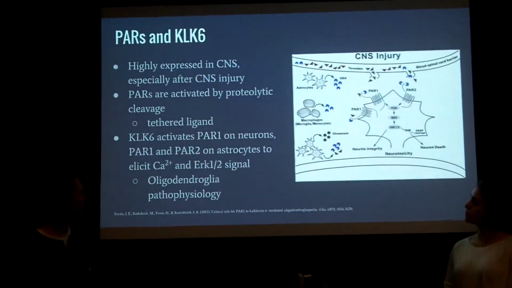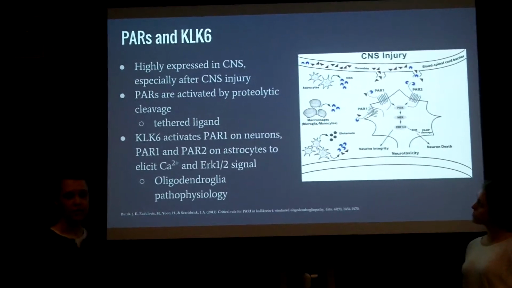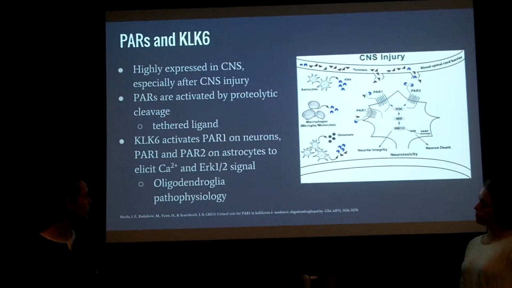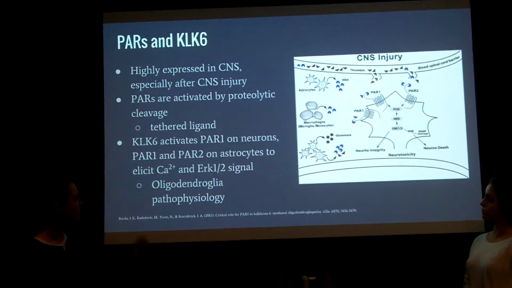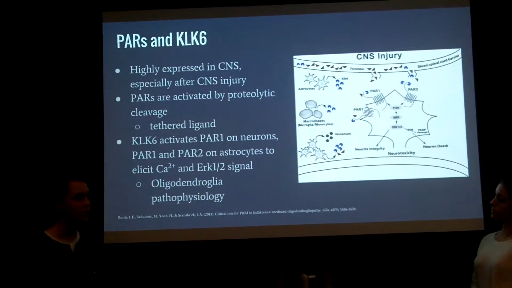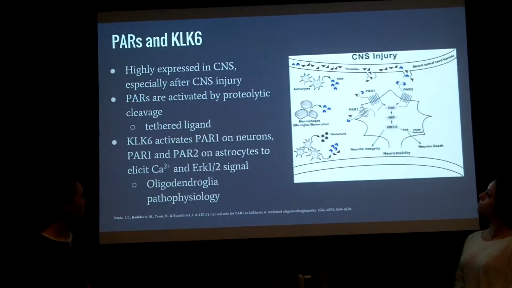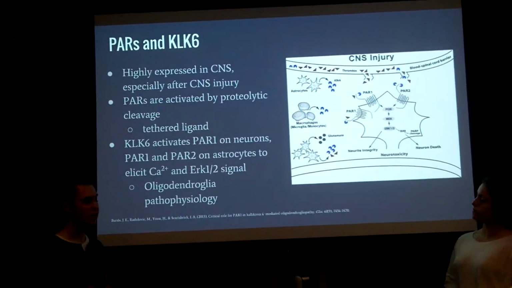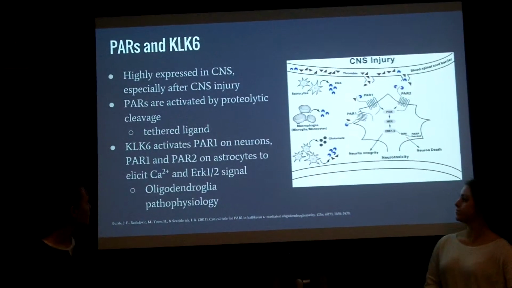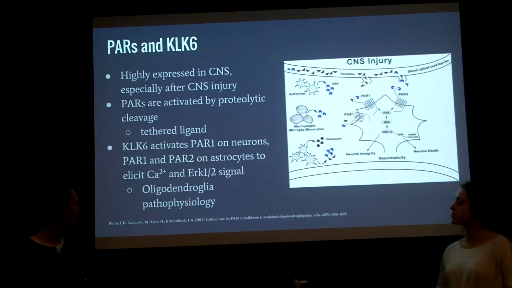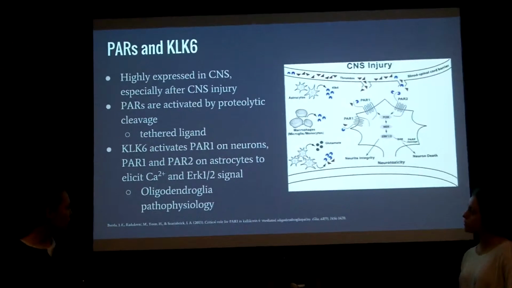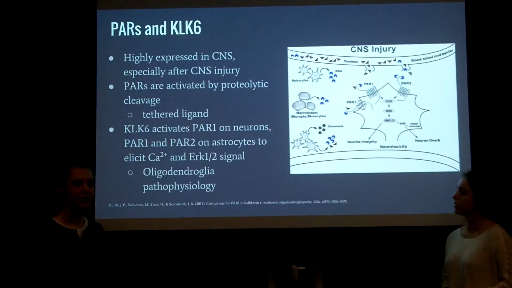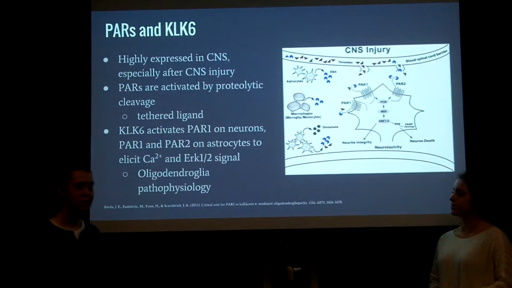And this article is discussing that kallikrein 6 regulates and activates these PAR receptors. What it does is cleave this tethered ligand, and it promotes dimerization of the PAR receptors, and the dimerization is what allows the signaling and the binding of the enzyme, and it activates these PAR neurons, and it also contributes to oligodendroglia pathophysiology.